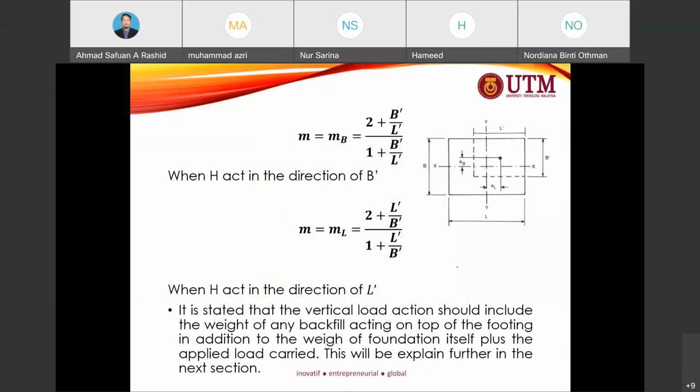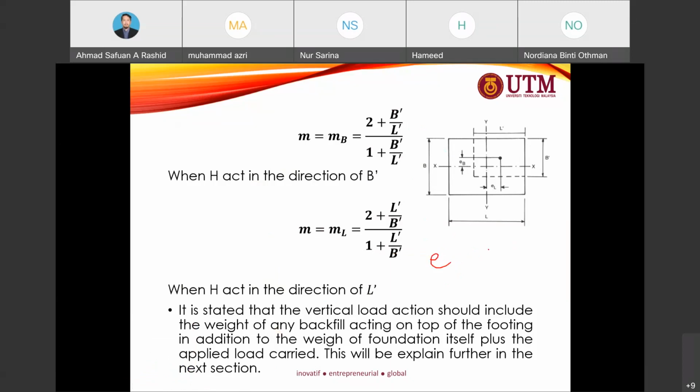Before we can define the B prime and L prime, we need to determine what the E is.